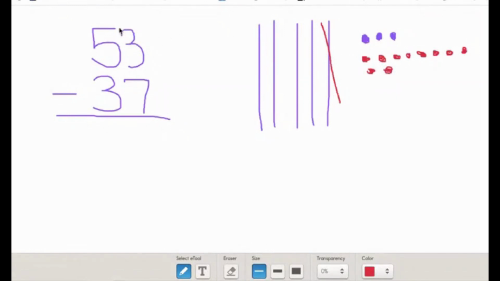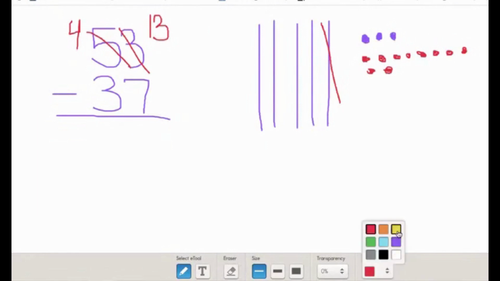All right, so now I have 13 ones, and if you go over and count the ones, there's 10, 11, 12, 13. And then I have 1, 2, 3, 4 tens. You don't want to count this one because that's the one you broke up and regrouped as 10 ones. So now we have 4. Now we're ready. We can do 13 minus 7.